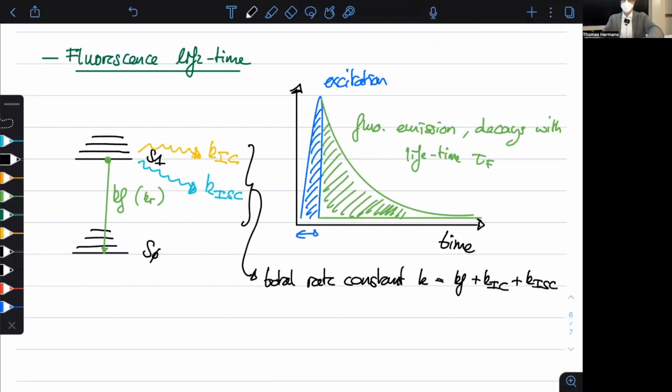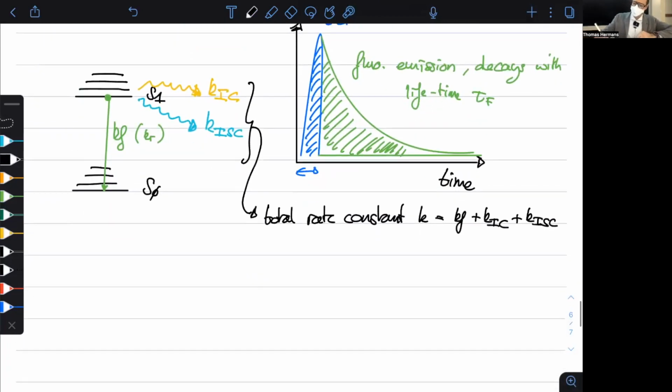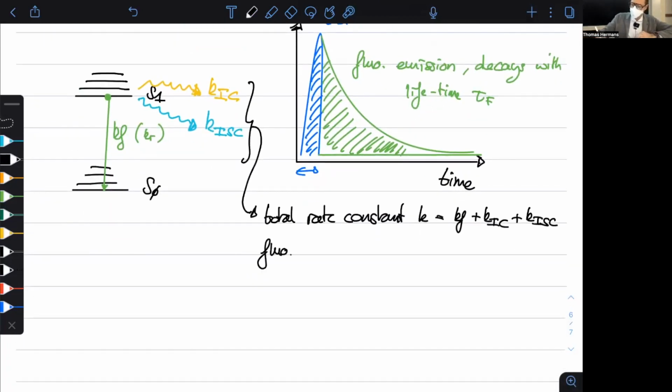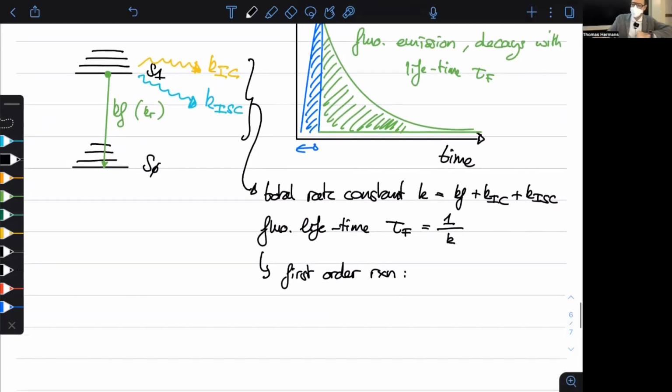Okay, and the fluorescence lifetime tau f is just 1 over K. It's very simple, right? That's how you should think about it. It's a first order reaction. Like radioactive decay, fluorescence decay is all the same.